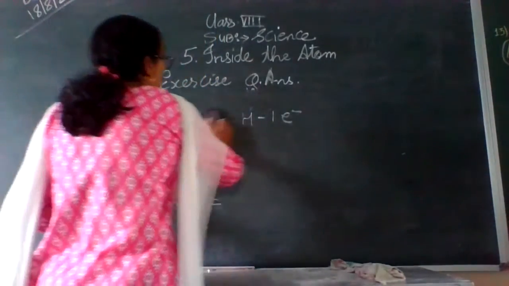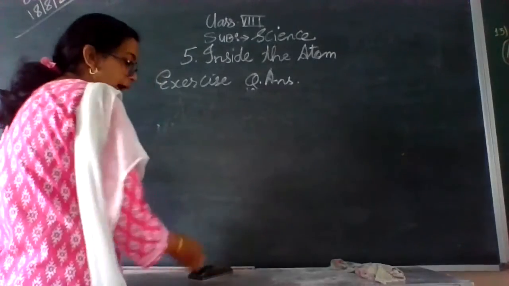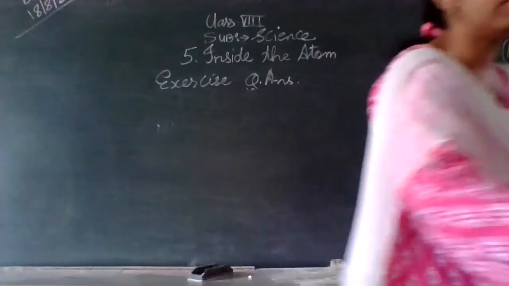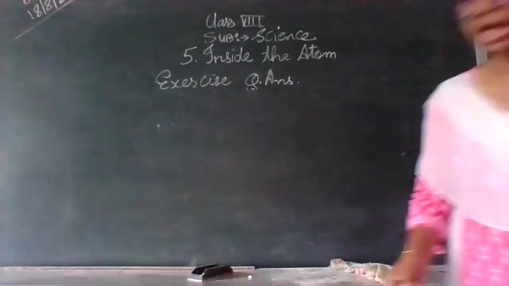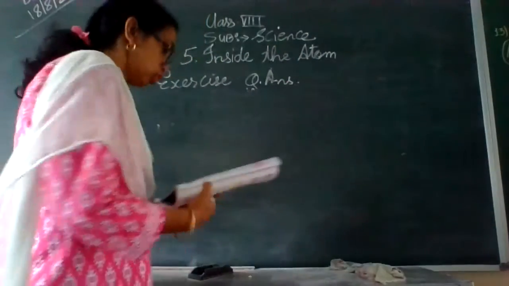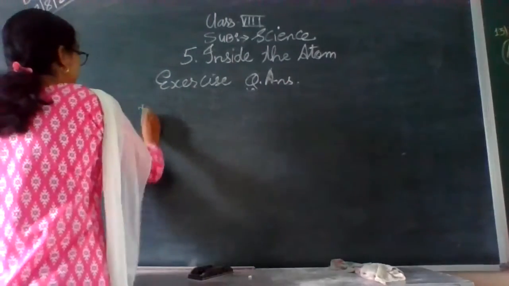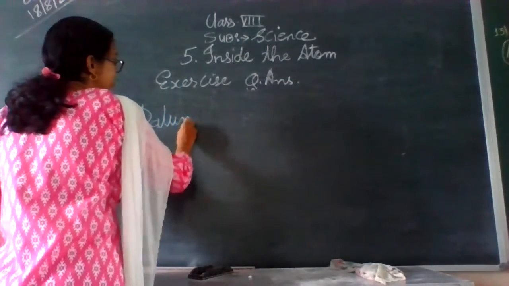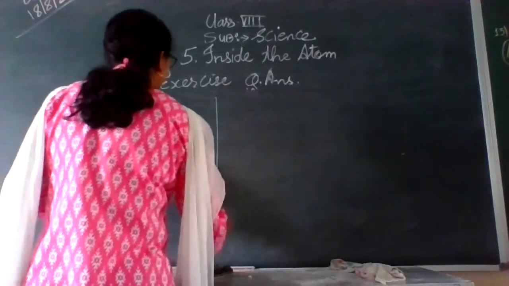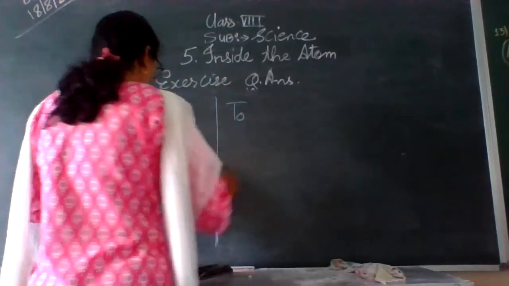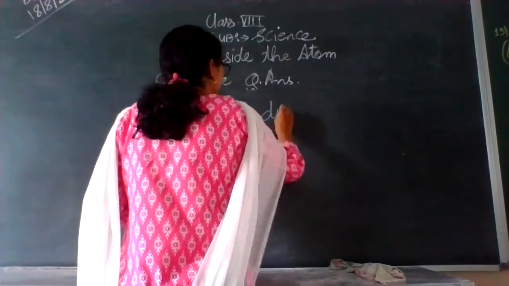Whatever datum is provided, from that you have to deduce a certain fact. Let us try to solve that. These questions will be sent to you and you have to solve them in your fair copy.